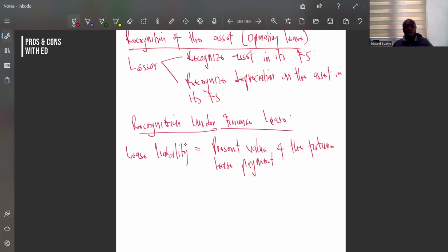So let's say I've entered into a contract today and I'm supposed to pay 1,000 every December for 4 years. Then it means year one will be 1,000, year two will also be 1,000, year three will be another 1,000, and then year four will be another what? 1,000.